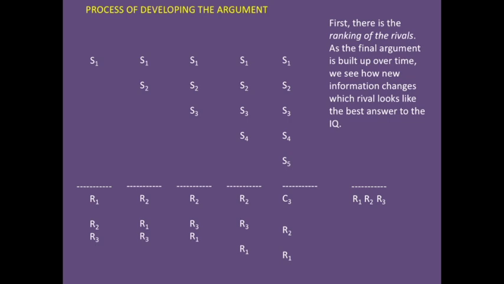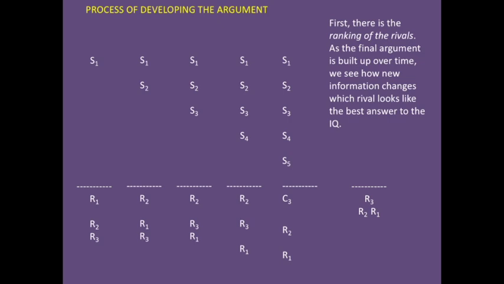The support does not favor one answer over the others. On the other hand, if we'd gathered a bunch of support and our ranking looked like this, we'd want to say, well, the third rival is slightly favored over the others, but not really. That's a way of saying the argument is not very strong.